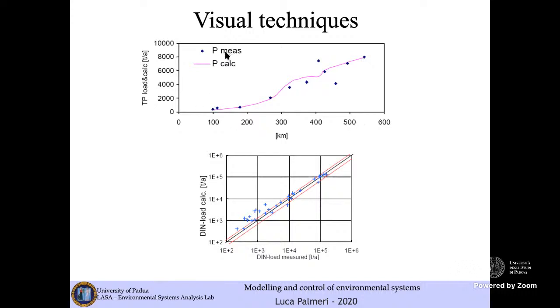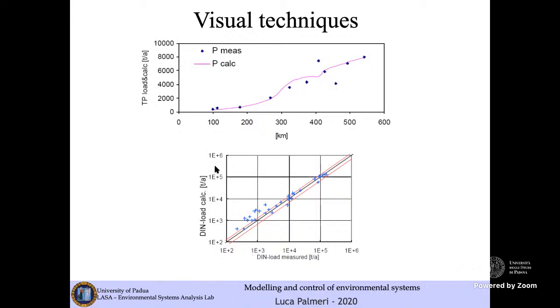And we plot these measured values of phosphorus, the pink line, while we are trying to calculate by a model the concentration, the nutrient loads in terms of phosphorus along the main river. One way is that of simply, trivially plotting measured values against the performance of a model.